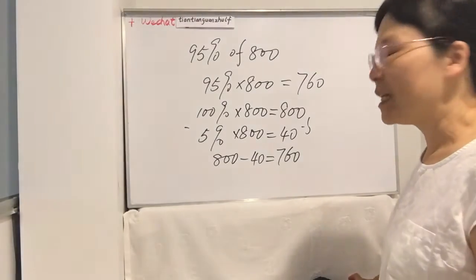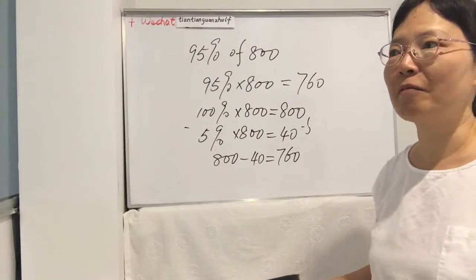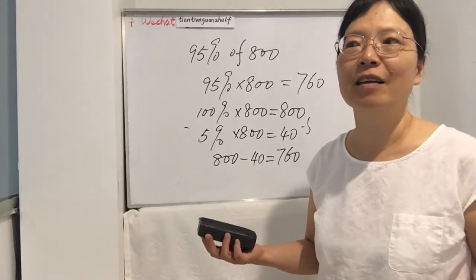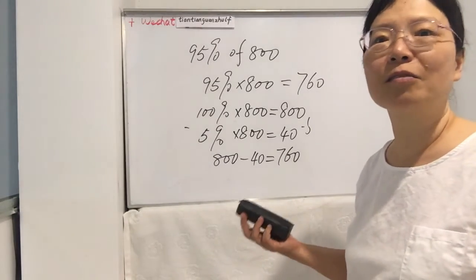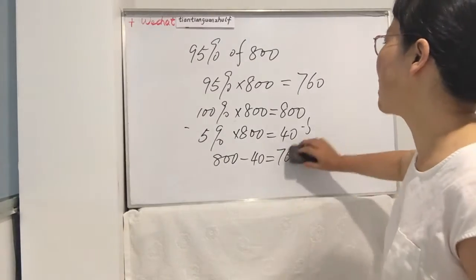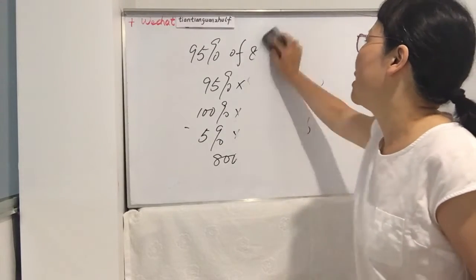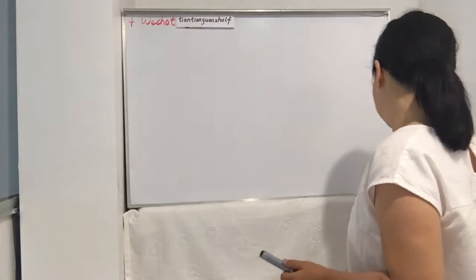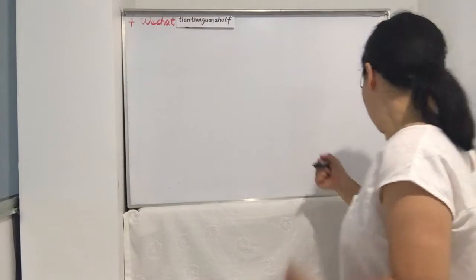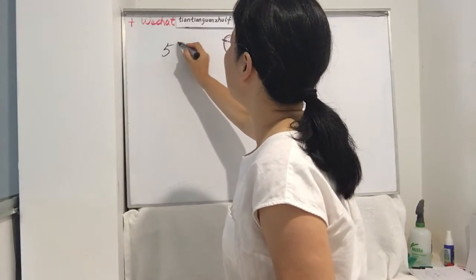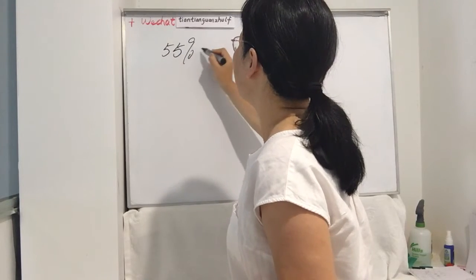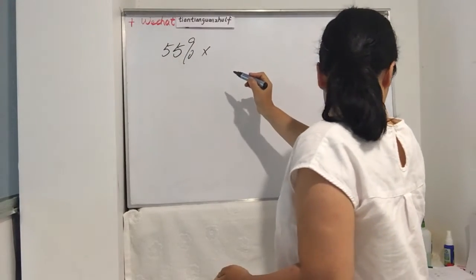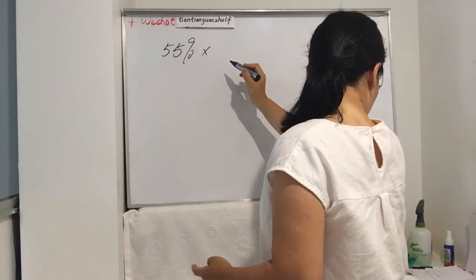Okay, now let's use, you can get a piece of paper. I will give you 3 exercises and then do a little bit pause. You can try to use the same pattern, work out the answer to see if you master this skill, this trick or not. Okay, let's see. 55% of 260.